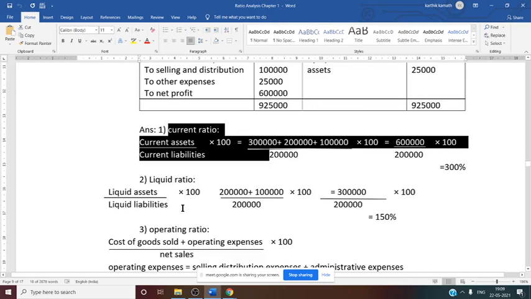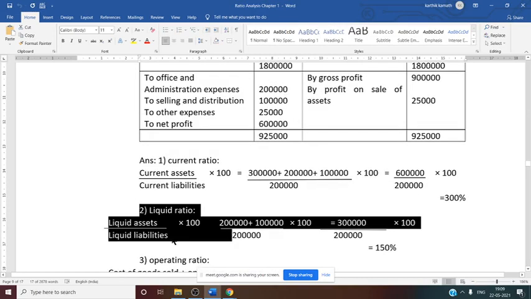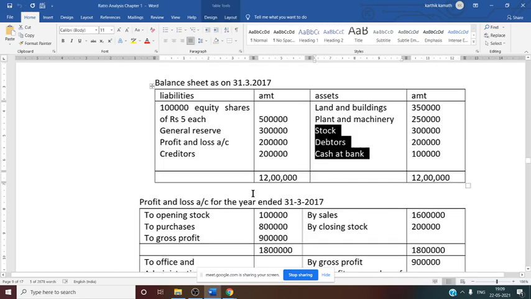Second one, we need to see the liquid ratio. The liquid ratio formula is liquid asset divided by liquid liability into 100. Now liquid asset: we know current asset consists of 3 items, stock, debtor and cash at bank.